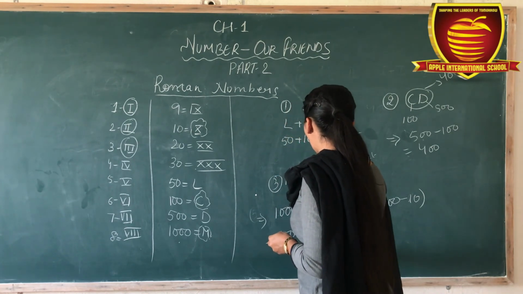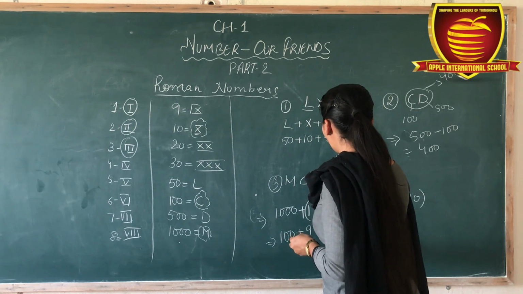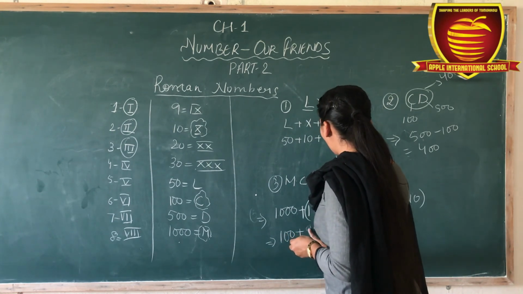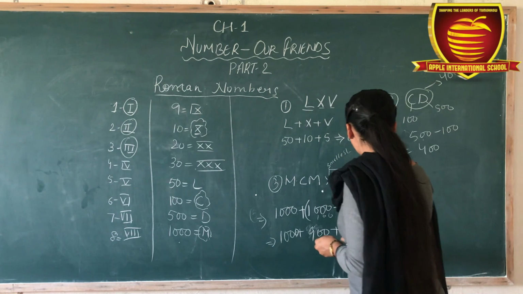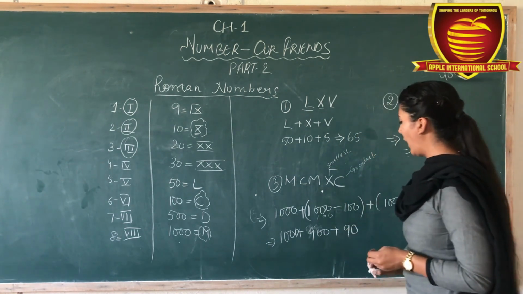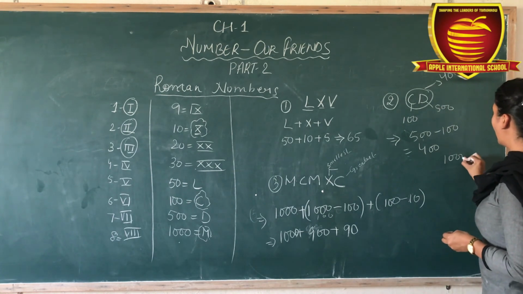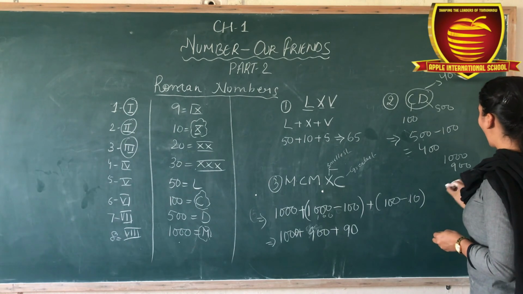1000 plus 900 plus 100 minus 10 is 90. Okay. Now calculate these numbers. 900, 90.